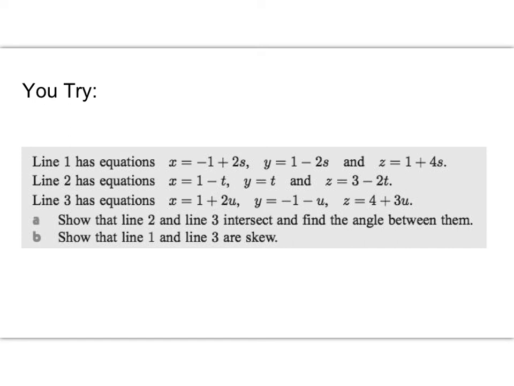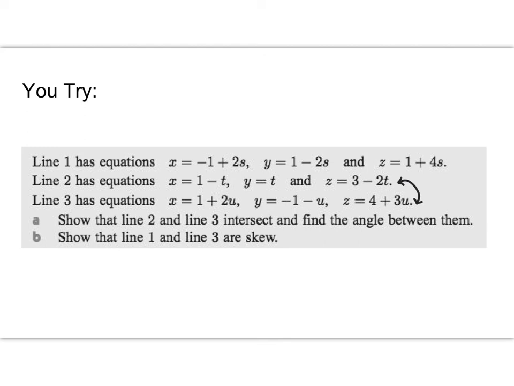Okay, so I've saved the best for last and for you. I have 3 equations, line 1, line 2, and line 3. You're going to show that line 2 and 3 intersect. So these 2 equations intersect. You're going to need to set up a system of equations and solve for when that happens. And then you need to find the angle between them.